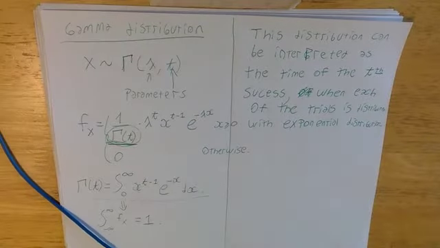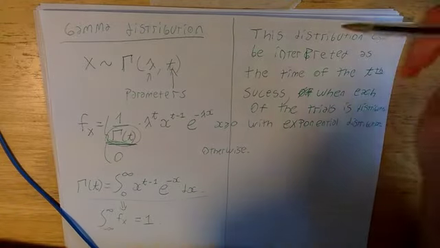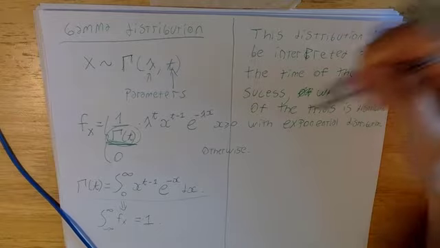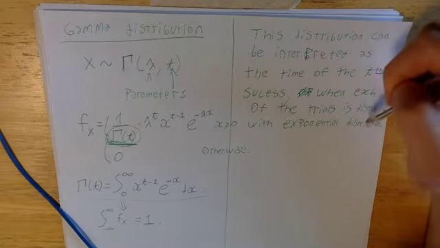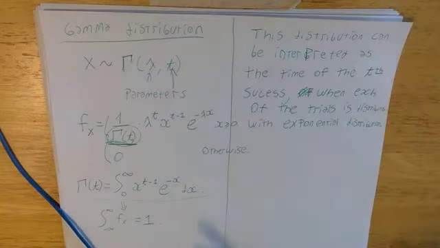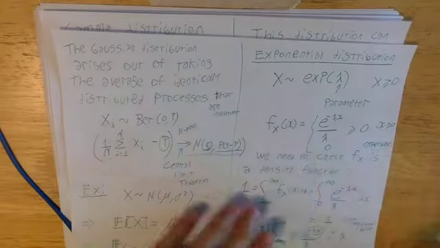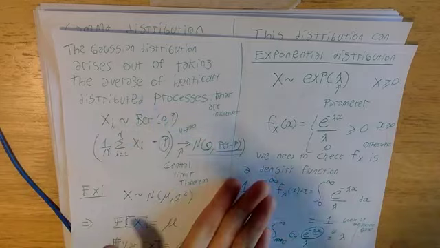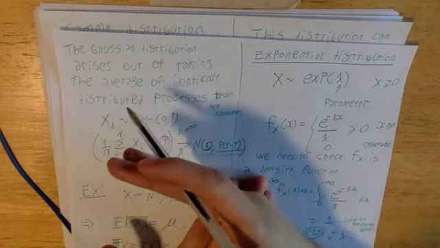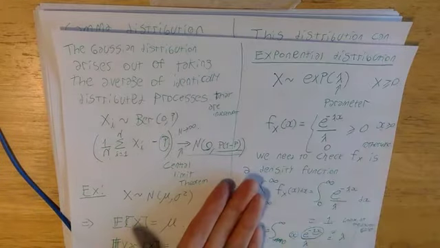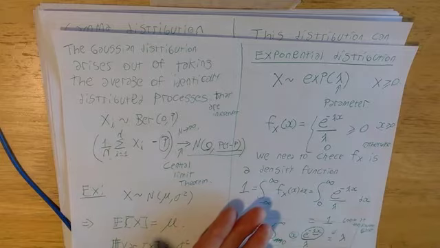This might be a little odd at the beginning, but what is the idea? The distribution can be the time of the tth success when each of the trials is distributed with exponential distribution. You run a process with an exponential distribution until you get the first hit, and then you start another process with exponential distribution until you get the next hit, and then you sum them up, and that would be gamma lambda 2.